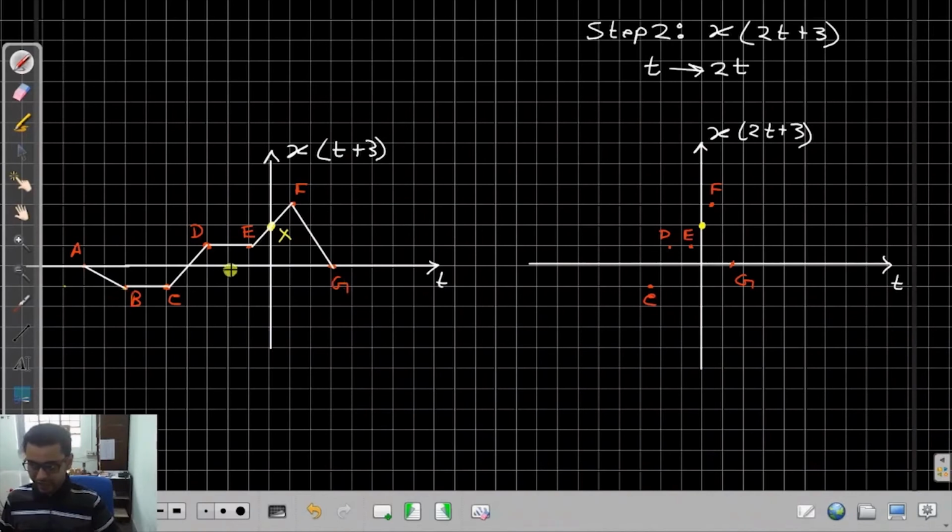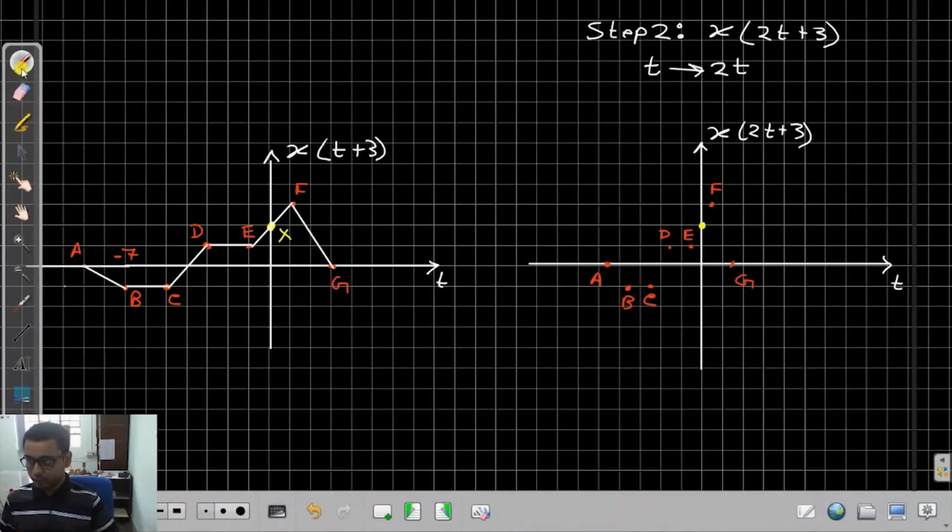Point B, which is at 1, 2, 3, 4, 5, 6, 7, at t equal to minus 7, will now be at t equal to minus 3.5. So 1, 2, 3 and a half. So point B will be here. Point A will be here at a distance of 1, 2, 3, 4, 4.5, because here it is at a distance of 9.